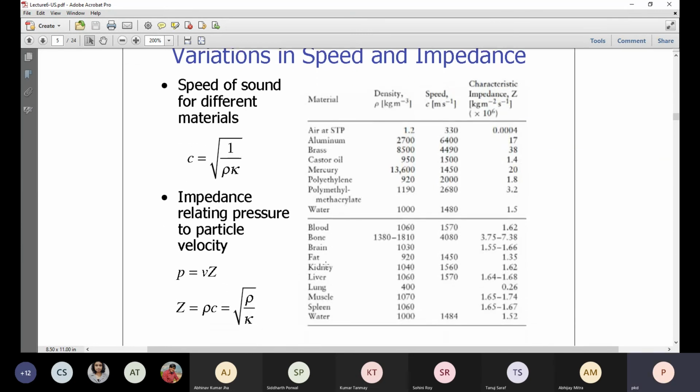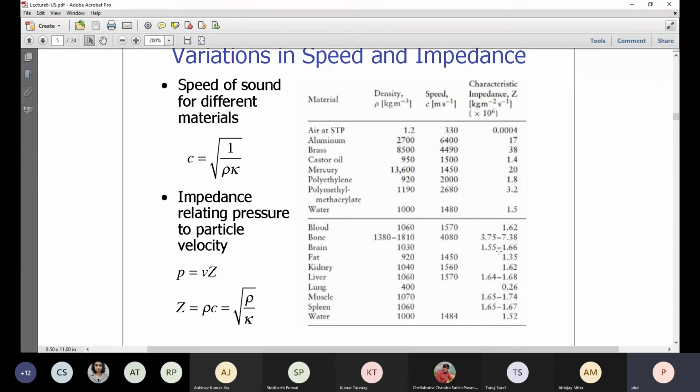Now here, the characteristic impedance is given for various body substances. As we can see, this is very important for imaging of the human body, because generally human body imaging is done by the reflections coming out of the various organs. So a sufficient discontinuity of acoustic impedance should be available.